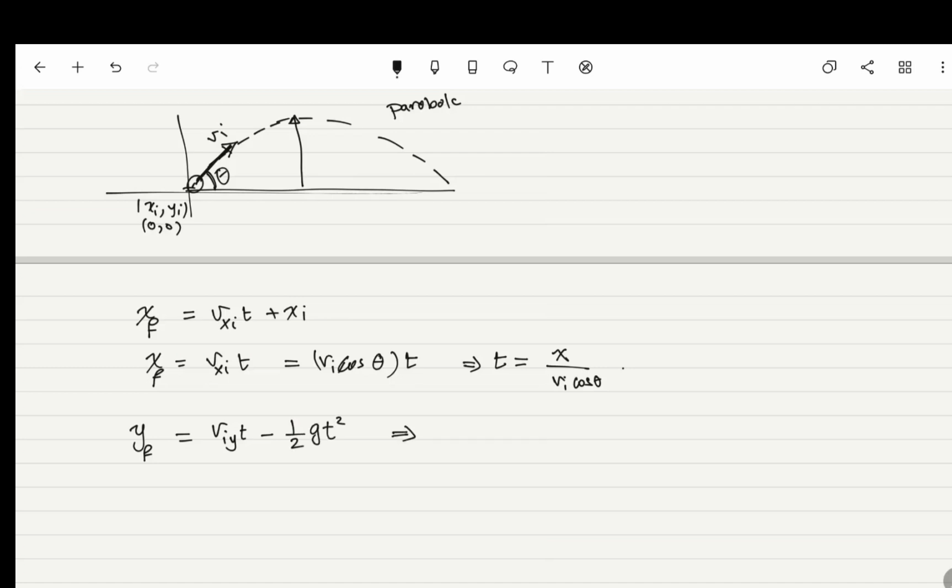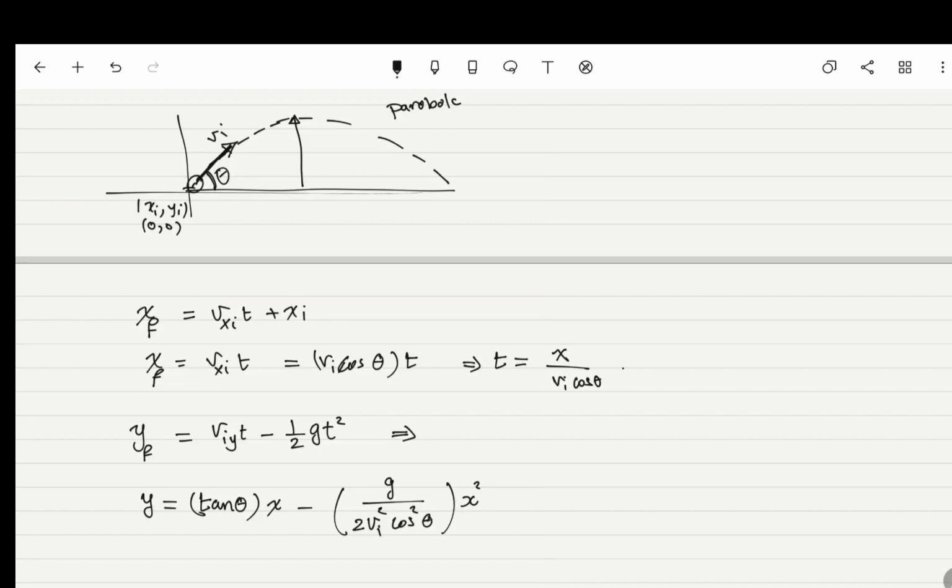You substitute t back in and you end up with y equals tan theta x minus g divided by 2 v initial square cosine square theta, multiplied by x square.